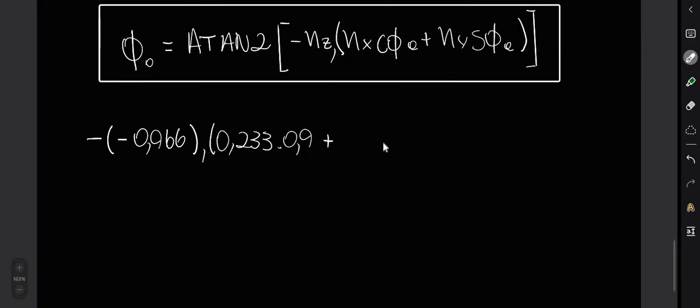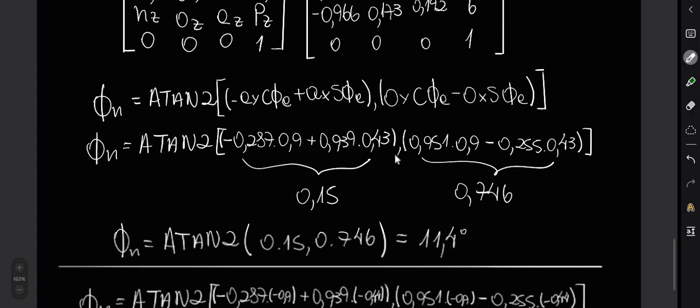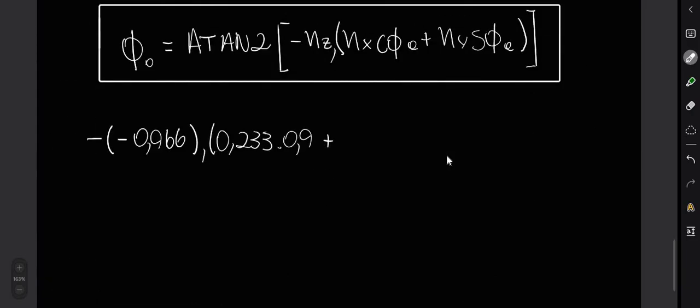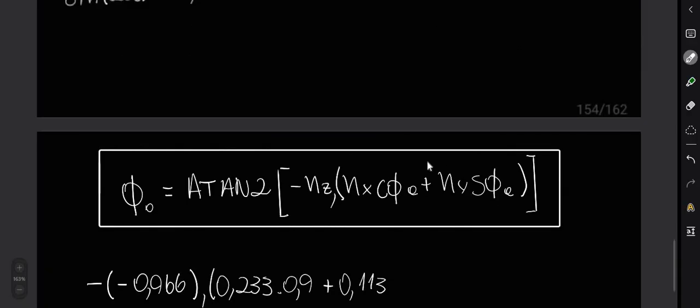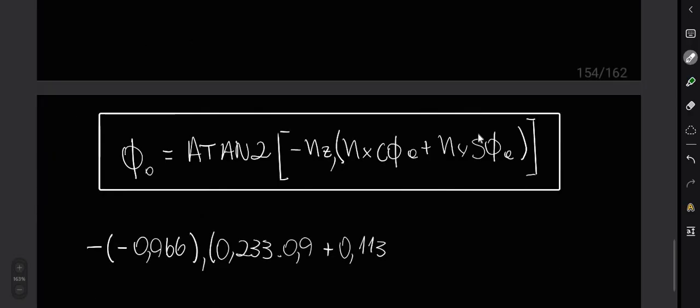and this plus ny, 0.113, times sine of phi A, which is equal to 0.44.